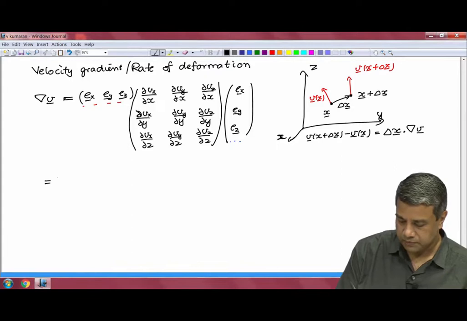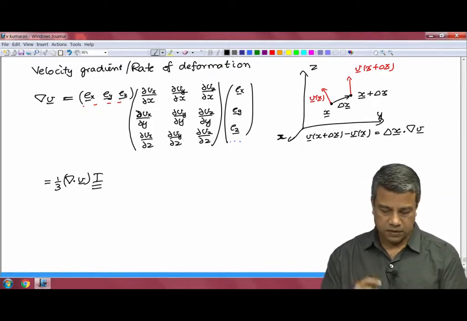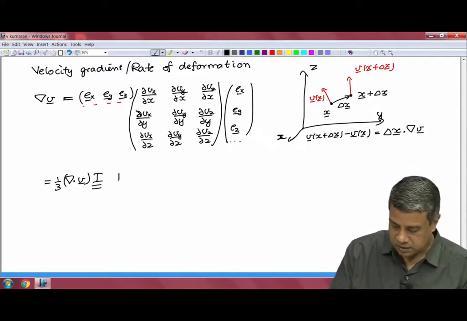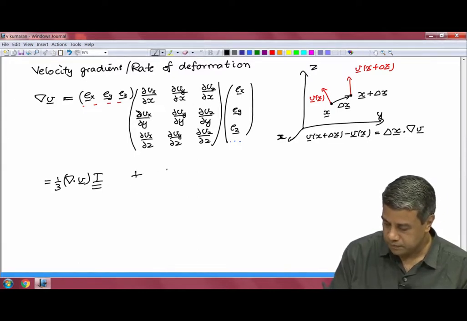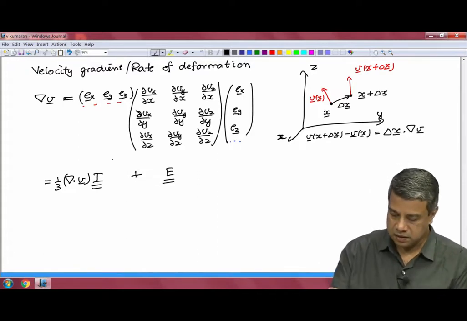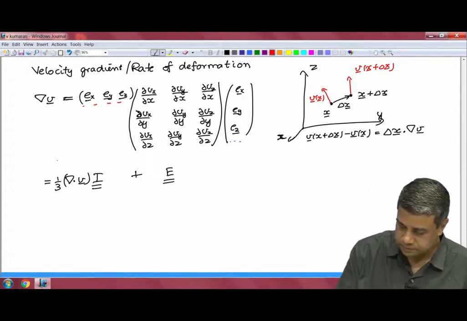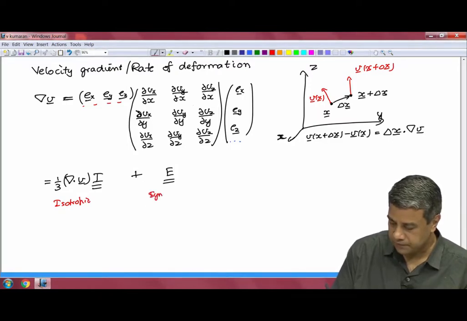It is equal to 1 by 3 the divergence of velocity times an isotropic tensor. The divergence of velocity is a scalar. Plus this second part, which is extensional strain, which is symmetric traceless.